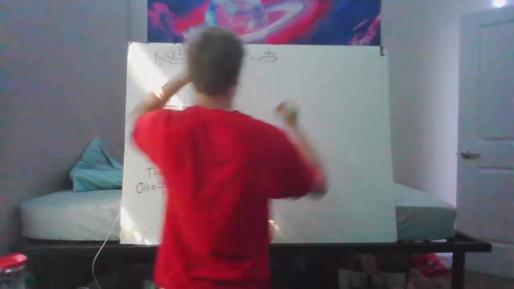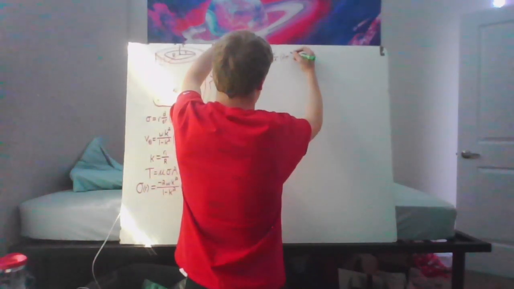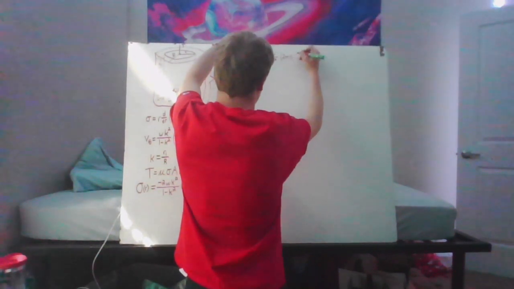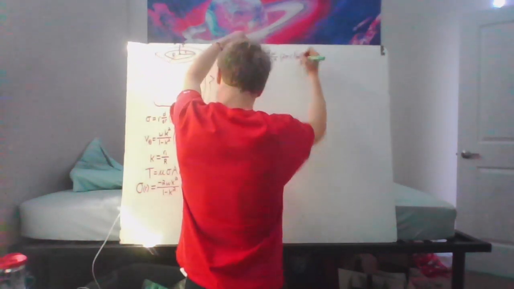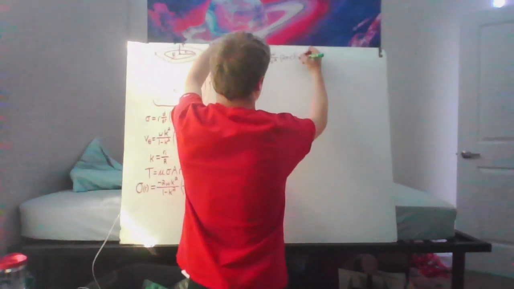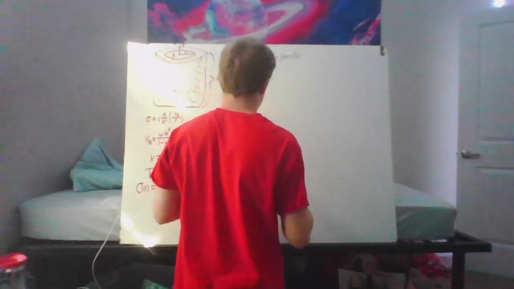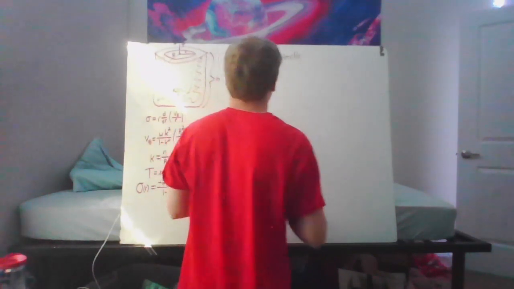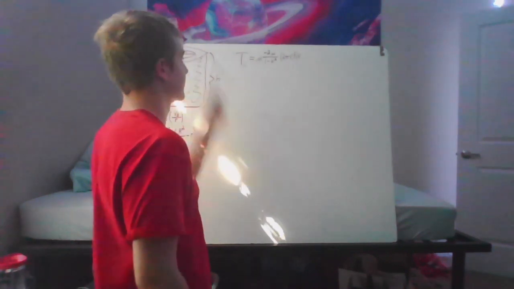And then we will just have our area, which will be 2 pi ri times the height and then ri, our radius again. So that will be the torque for the inner cylinder.